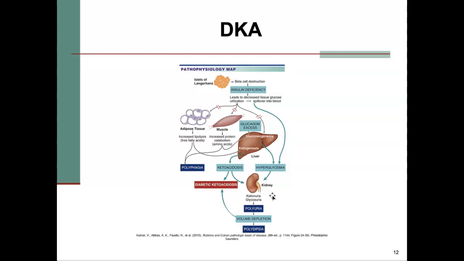And so this leads to polyuria, volume depletion, and then this polydipsia, so thirst. That's your thirst mechanism coming into place because you have volume depletion. The massive fluid loss from the osmotic diuresis causes fluid and electrolyte imbalances and dehydration.